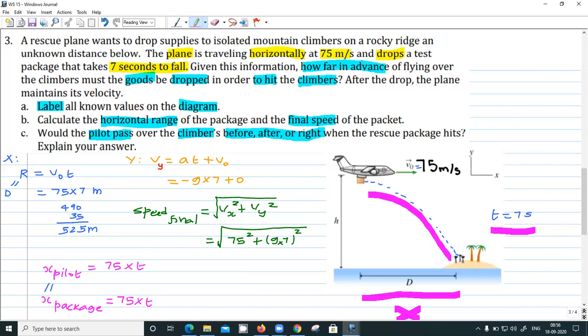What is the final speed? Negative 68.6 meters per second. No, final speed. Speed is the square root of vx squared plus vy squared.